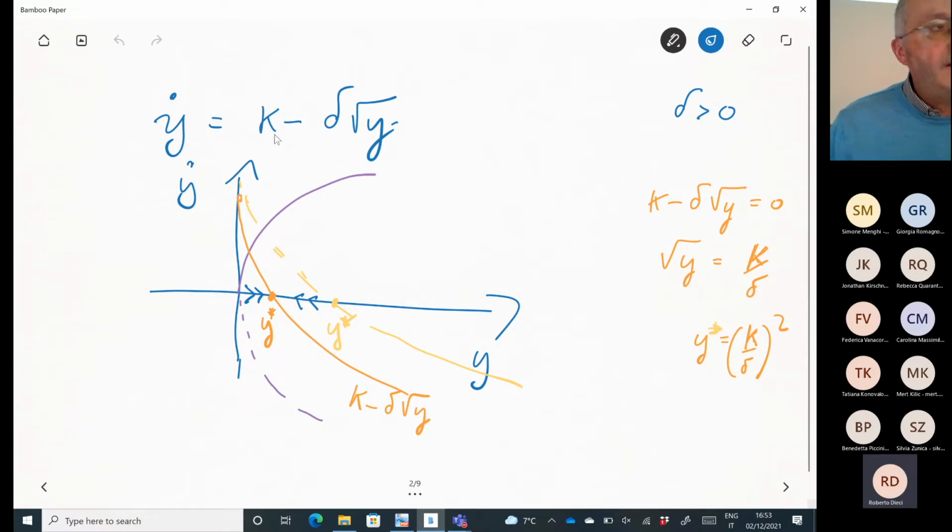If you imagine that you stop your emissions, K is 0, then y dot is negative, because if you leave things as they are, in the long run you can expect some absorption of the current level of pollution. But instead, we also have emissions.